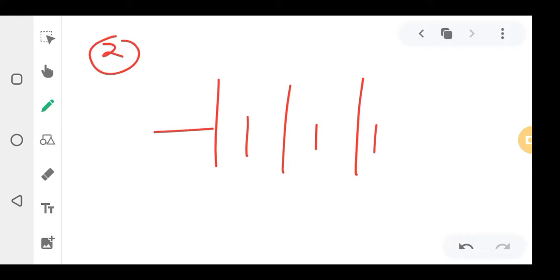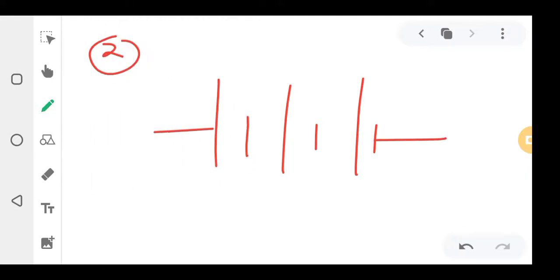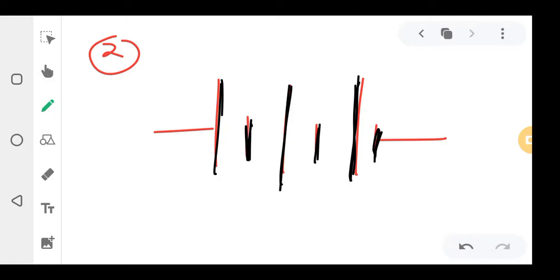And then I do like this. There's always a smaller line with a larger line. Small line, larger line. If there is more than 1, it's called a battery.